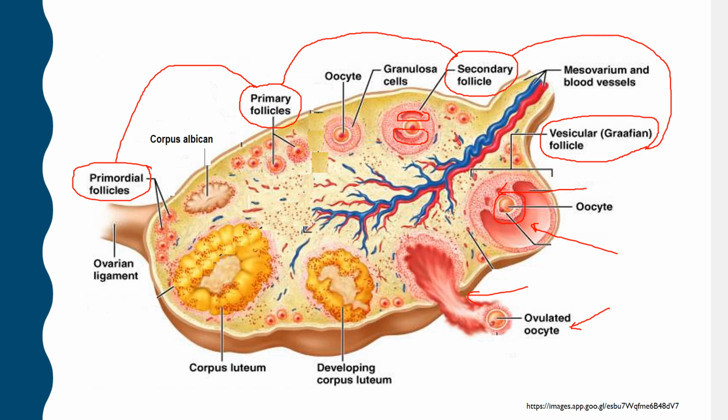That means the oocyte is getting ovulated. And what happens after the rupturing of your Graafian follicle is the start of the luteal phase, in which you see the formation of your corpus luteum. And the corpus luteum eventually will develop and degenerate to become what we know as the corpus albicans. So this summarizes the entire follicular and the luteal phase of your ovarian cycle.